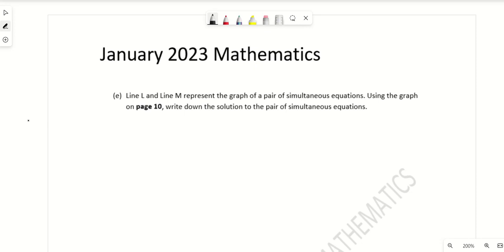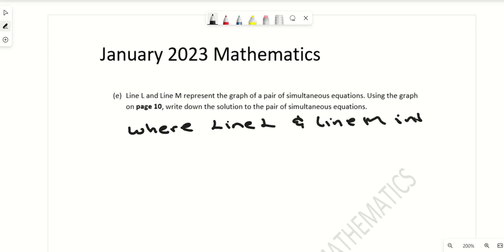So simultaneous equations here just means where line L and line M intersect.